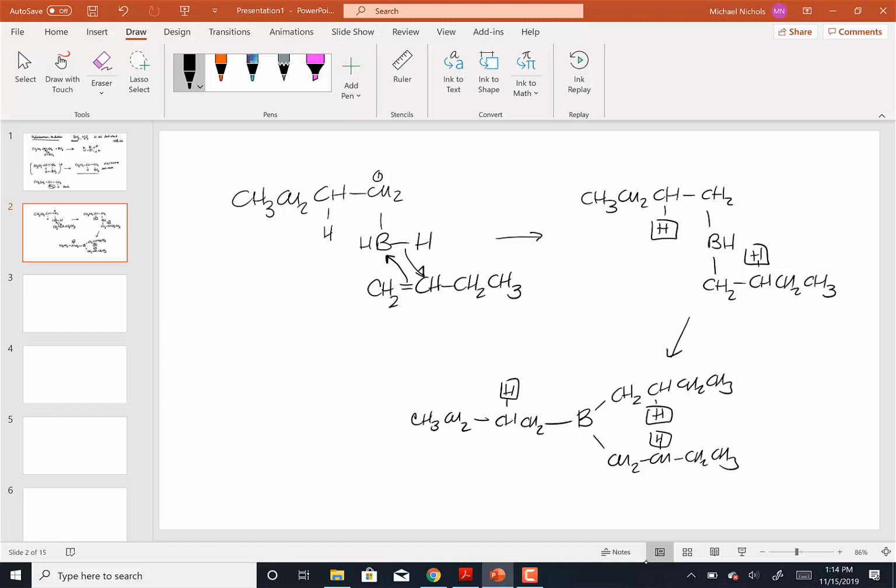So that's step 1. Step 2 then is to replace the boron with OH. And that's what happens with the peroxide.